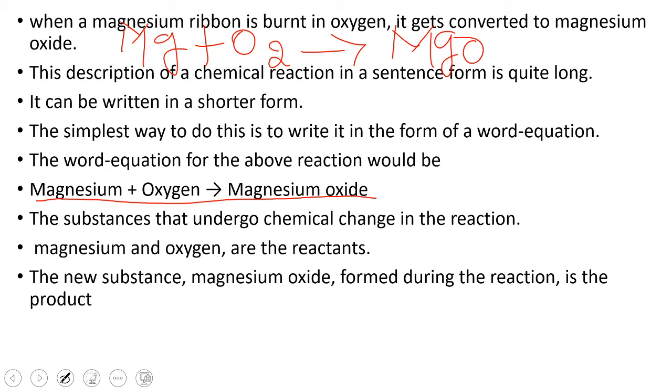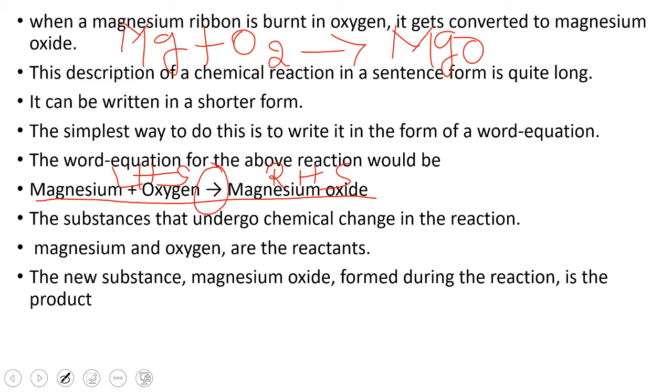So what all this explains to us is that two of the substances I have written on the left hand side, and one substance I have written on the right hand side. So this is RHS and this is LHS, and in the middle I have given an arrow mark. So what does all this indicate? The substances which are present on the left hand side are known as reactants, and the substance which is present on the right hand side is known as a product.